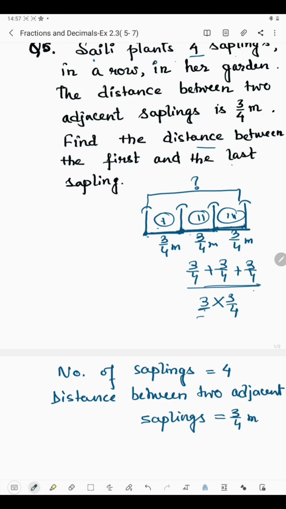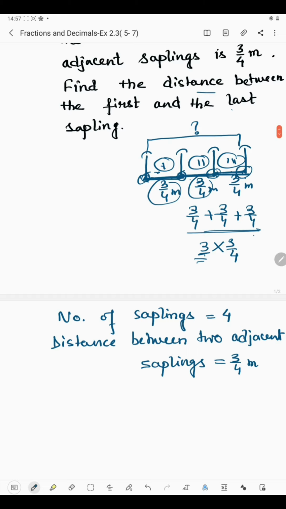Means the distance between each pair of saplings, from here to here, is 3 by 4, between the next two saplings is 3 by 4, between these two saplings is also 3 by 4. And since between the first and fourth sapling we have 3 gaps, it can be multiplied by 3 to get the total distance.